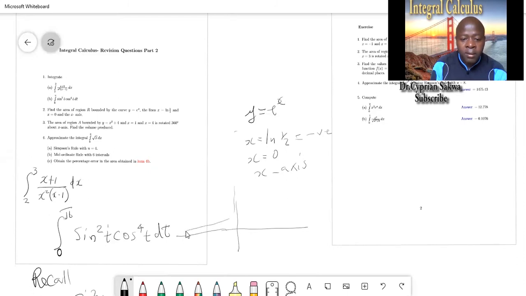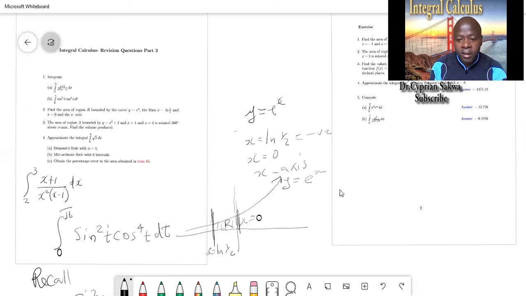This is our y is equals to e raised to x, and this is the line x equals to ln of a half, and this is the line x equals to 0. So our region is this.